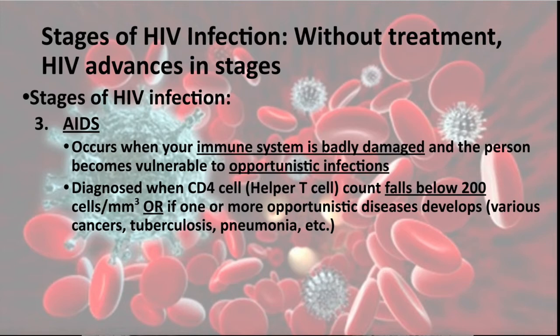That can kill someone with AIDS because they don't have those helper T cells to activate the rest of their immune response, because they've been destroyed by HIV. AIDS is typically diagnosed when the CD4 cell count falls below 200, or if one or more opportunistic infections develops. That could be cancer, tuberculosis, or pneumonia.